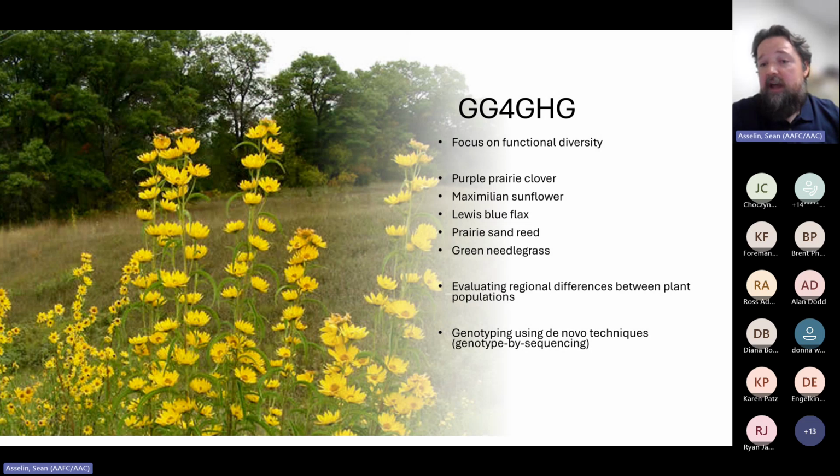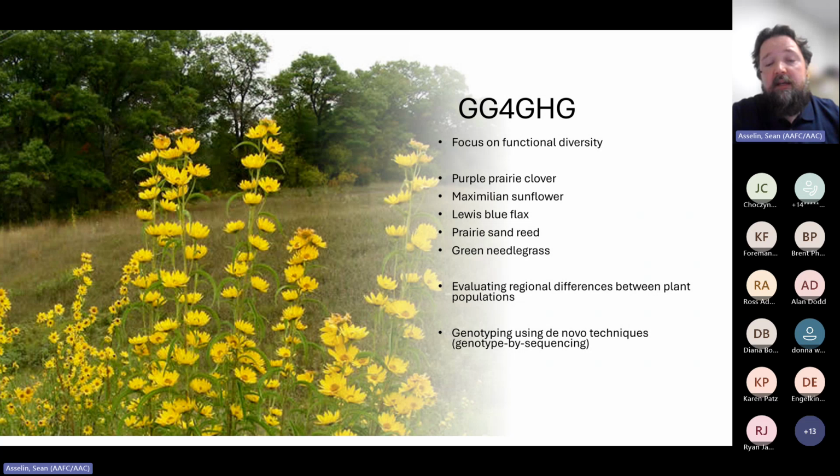We're looking at Lewis blue flax, prairie sandreed, which is native warm season, as well as green needlegrass, which is native cool season. And we're evaluating regional differences between the populations found in Western Canada to see if we have distinct clusters, and if those clusters should or can be developed into distinct populations that are more regionally adapted.